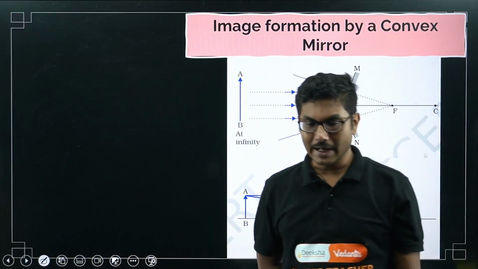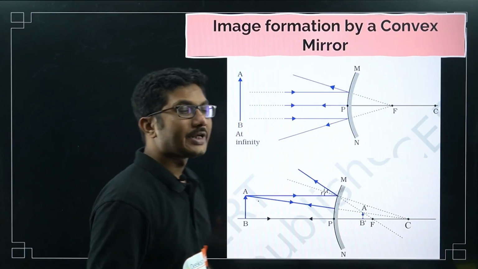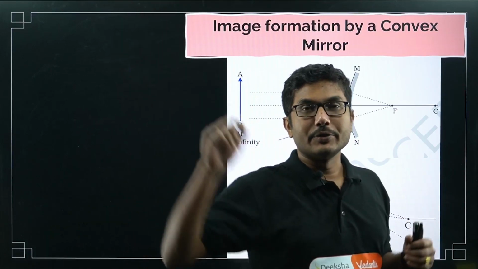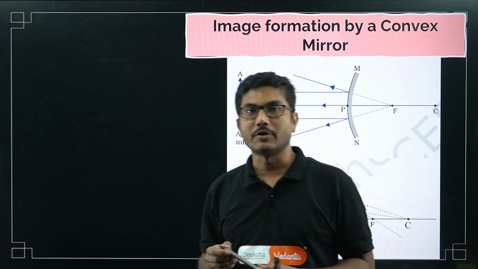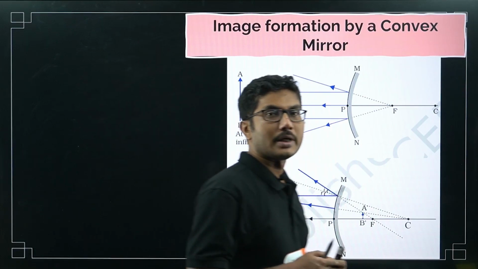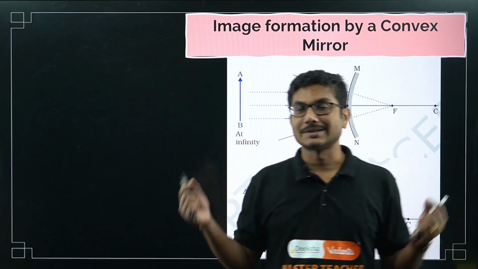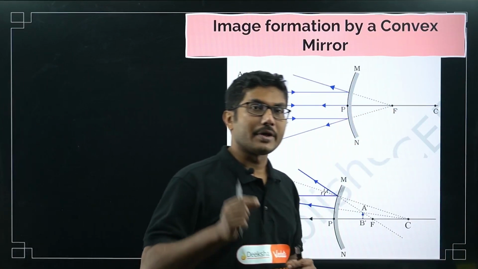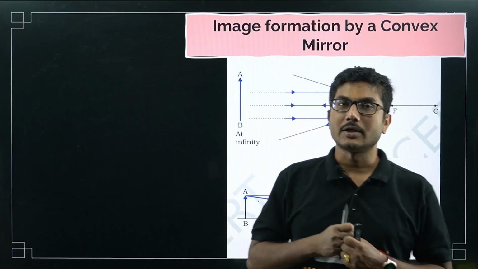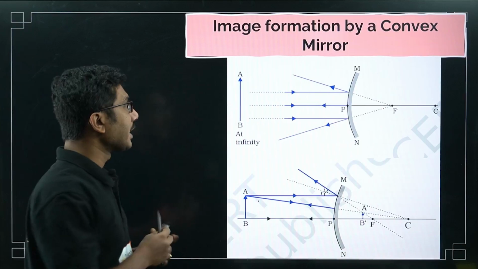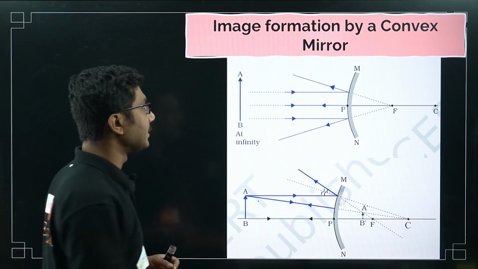So for a normal convex mirror, the moon can be considered an object at infinity. The sun is also considered to be at infinity, but the sun's size is bigger. So if you consider any star which is very far away, you can consider that to be an object at infinity. Small objects which are very far away, you can consider to be at infinity.